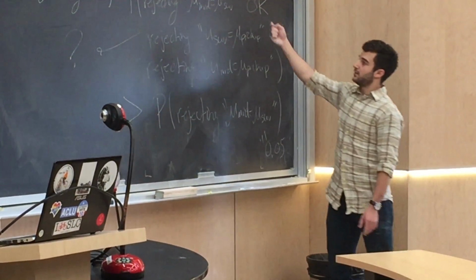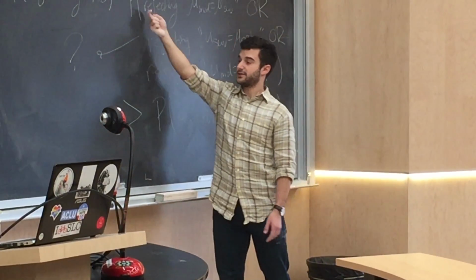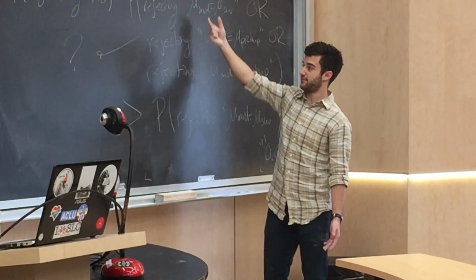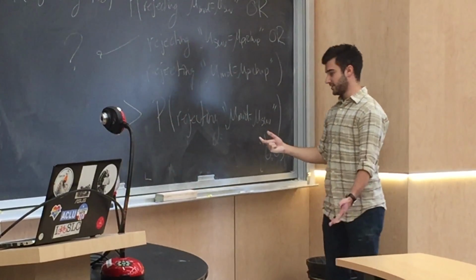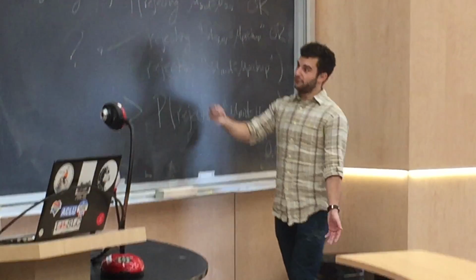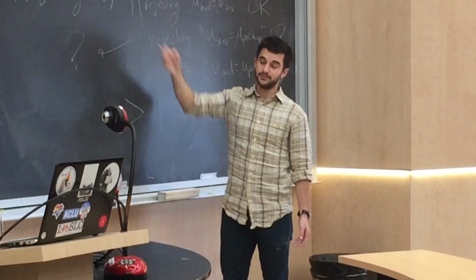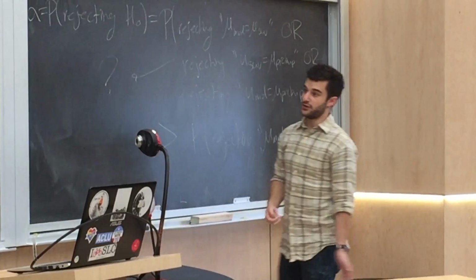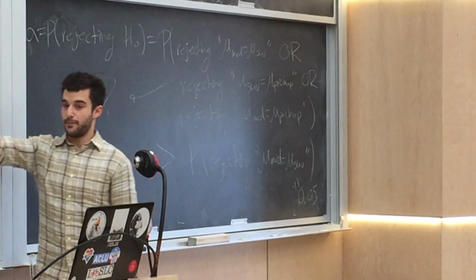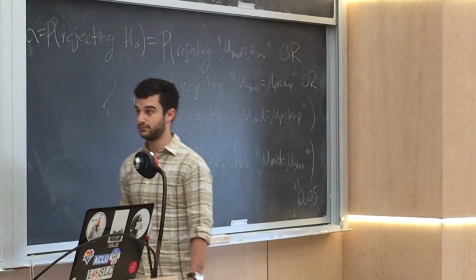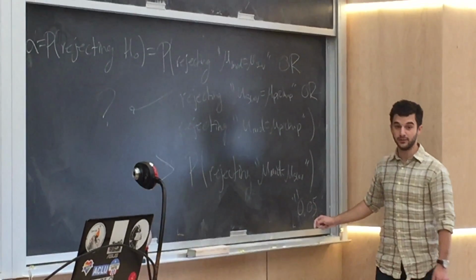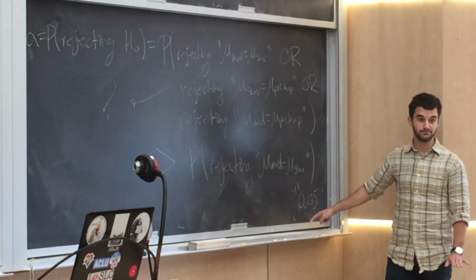There's more ways for this event to happen than for this event to happen. So definitely this event has a higher probability, which means if we're just looking at a pair at a time, we're going to get an alpha bigger than what we started with.